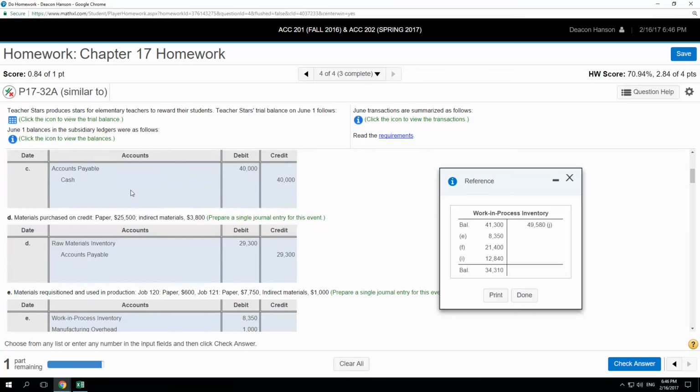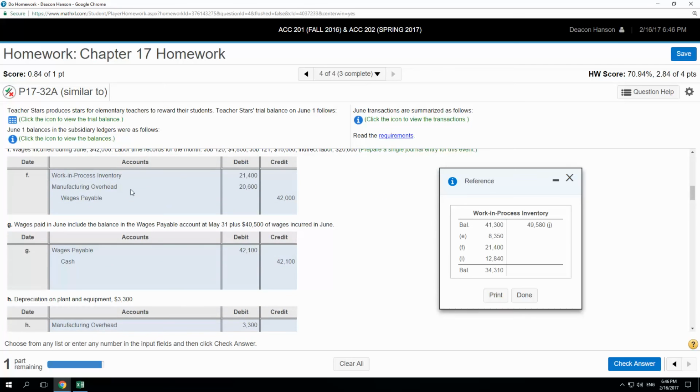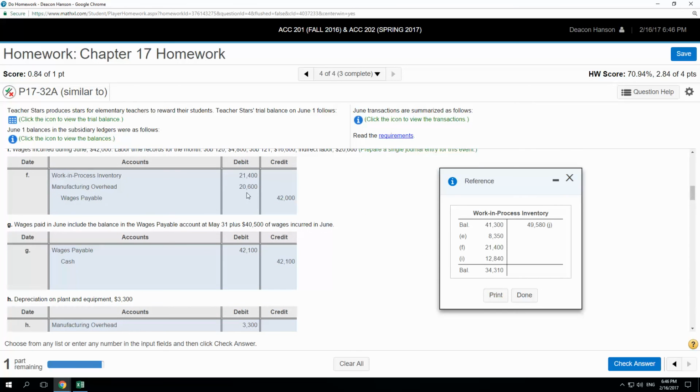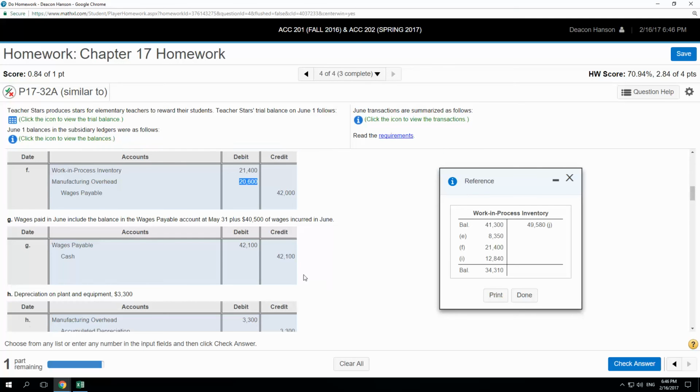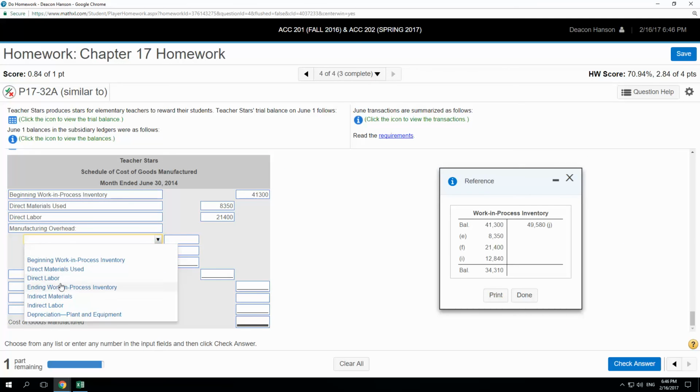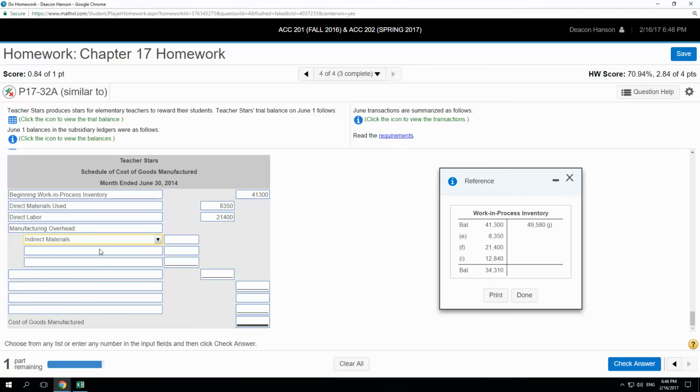So that first charge to overhead was here. That's the indirect material of $1,000. Okay, and then indirect labor 2,600. So we'll do those first two. Indirect material, indirect labor. So 1,000 and then 2,600.